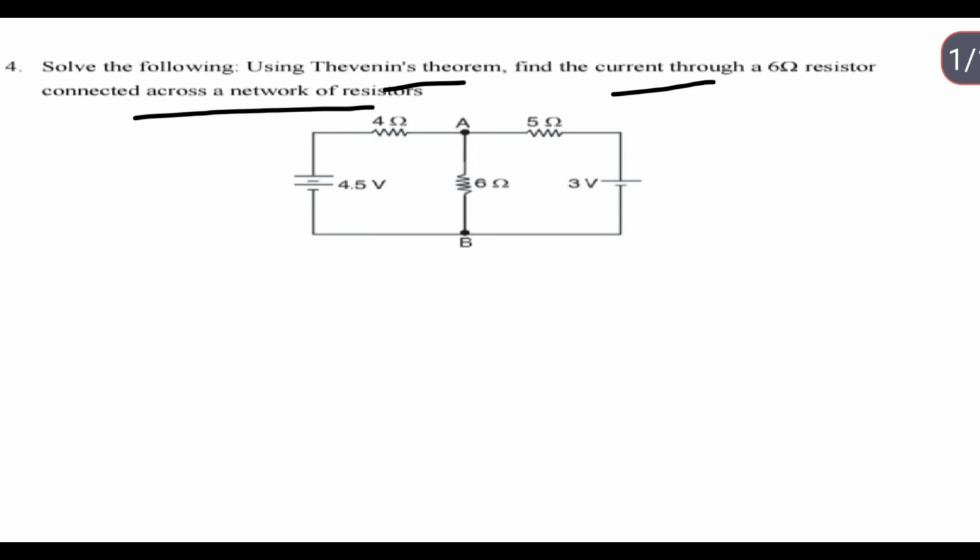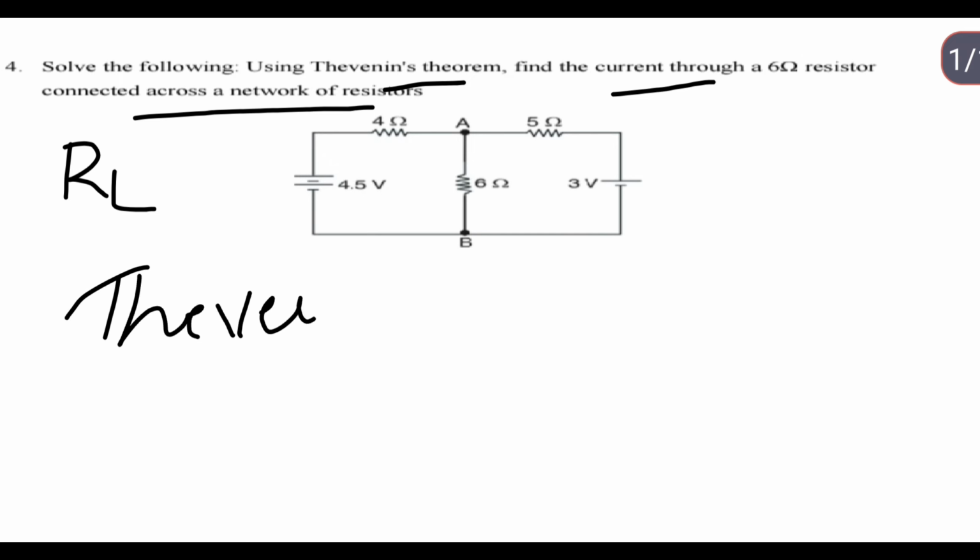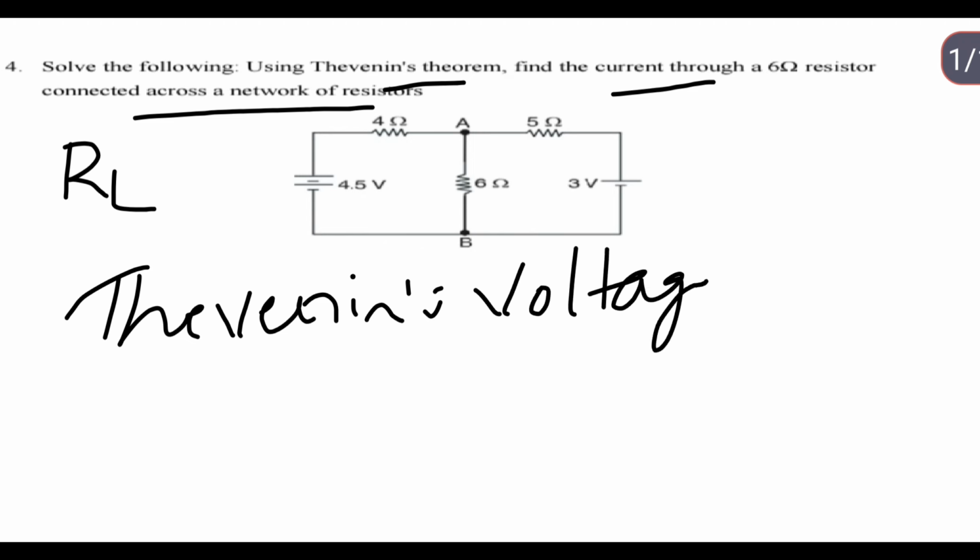So RL, we need to find out the current through RL. Before going to that, we need to find out the voltage, which we call the Thevenin voltage, VTH.